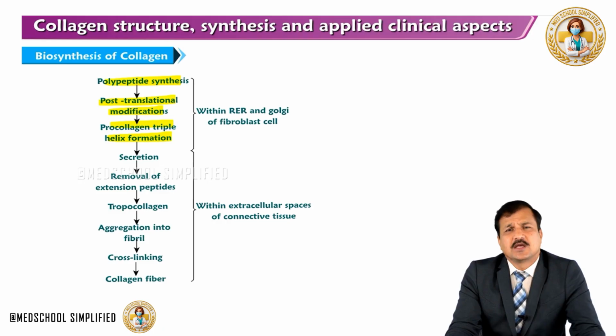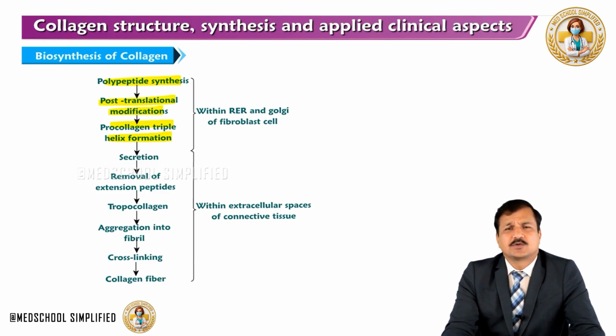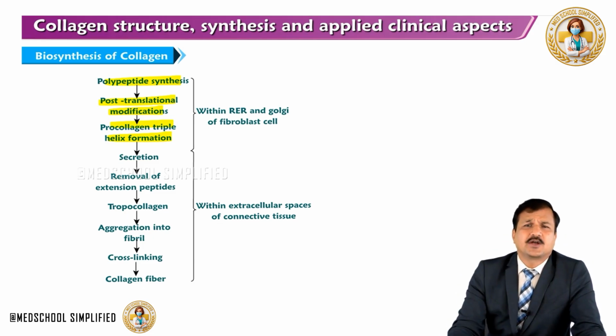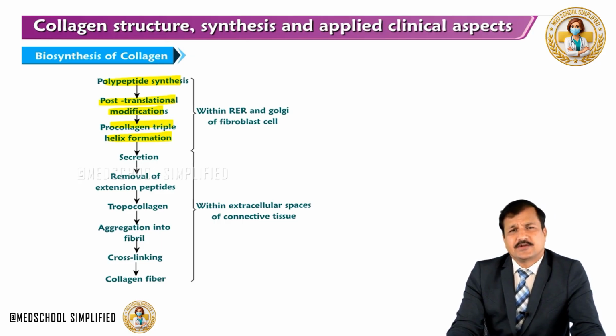Then the chain moves from the rough endoplasmic reticulum into the Golgi complex, and from the Golgi complex, the secretory vesicles fuse with the membrane and it is exocytosed.